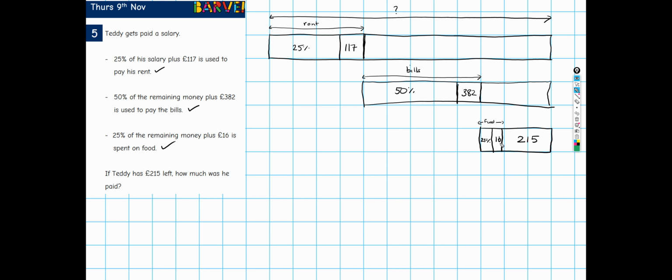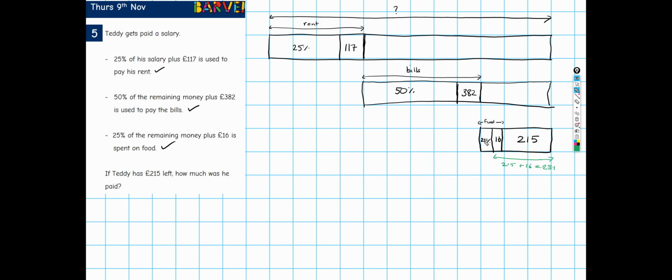I think we can see that we can add 215 to 16, and that is going to give us this amount here. So 215 plus 16 is 231. Okay, so this is 231.